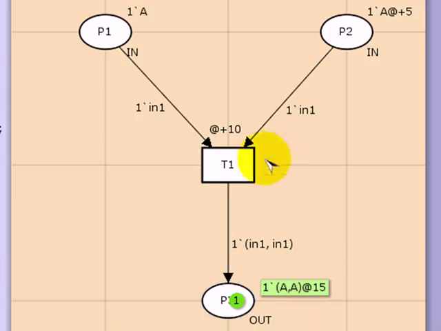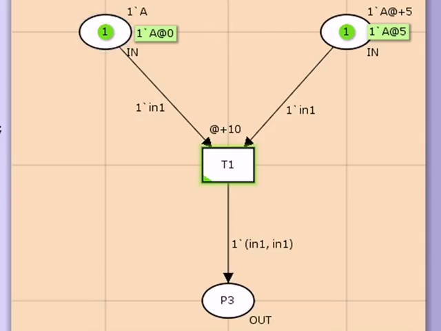We have a time delay of 10 on this transition. We do not have any delay on the arc. I removed it, and the output token says 15 on it. So how was this 15 calculated by CPN Tools? Remember, initially we had a token in P1 with timestamp 0, a token in P2 with timestamp 5.